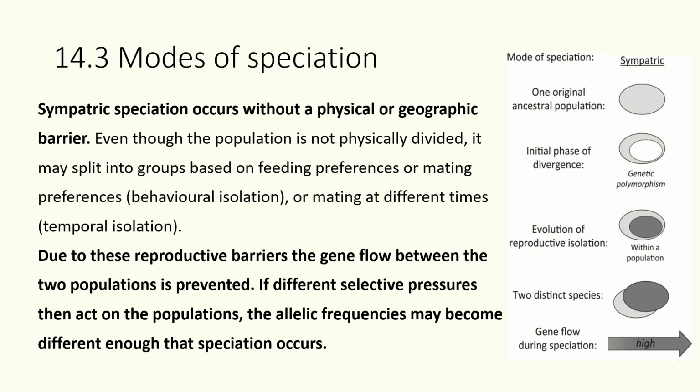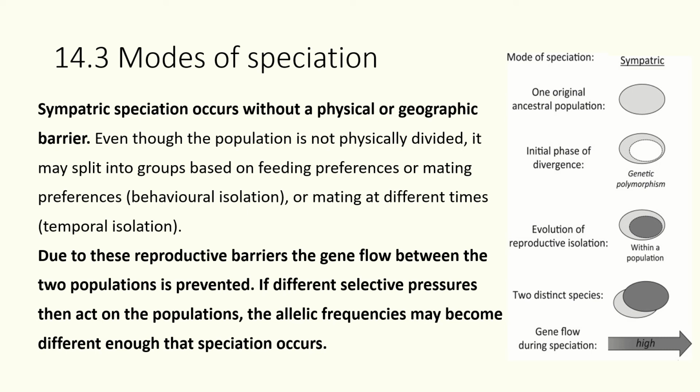We still have high capabilities of gene flow, but they split into different subgroups within the population based on things like feeding preference or mating preferences, temporal isolation. So we still have reproductive isolation, just not in the same sense as allopatric speciation.